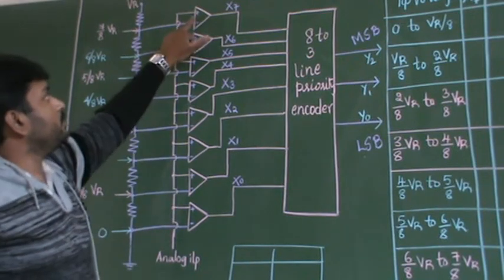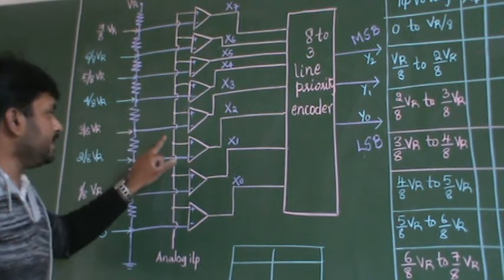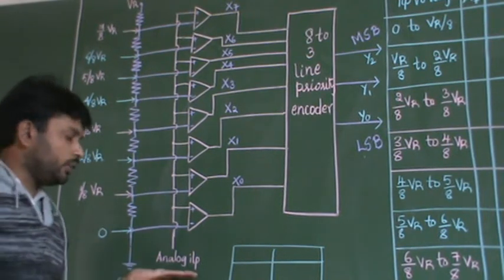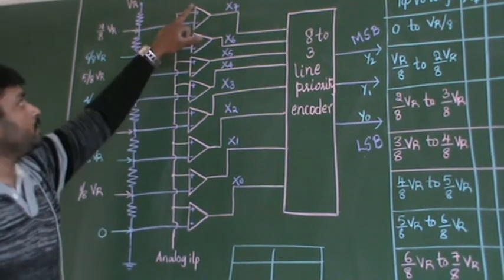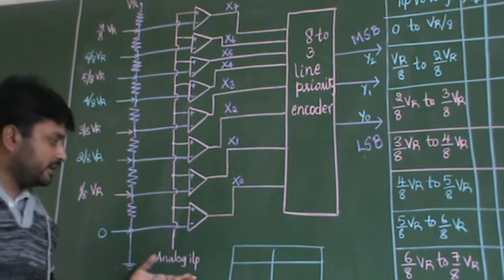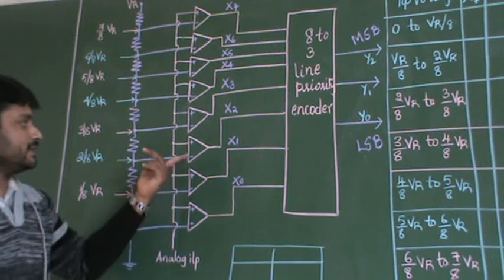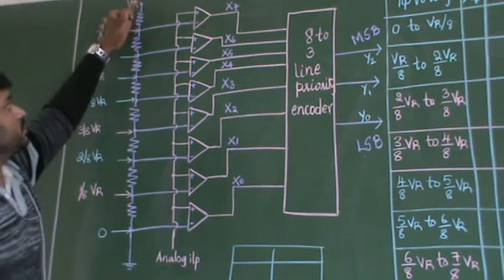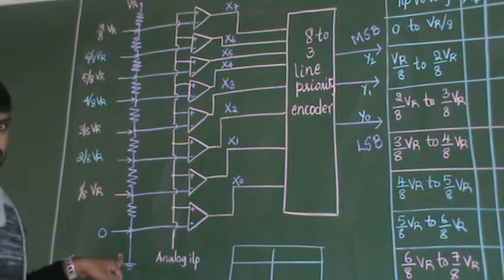One more important thing: the positive terminals. All the positive terminals are shorted together and given the analog input voltage. I repeat, all the positive terminals are provided with the analog input voltage. All the negative terminals are connected to the circuit of resistors.